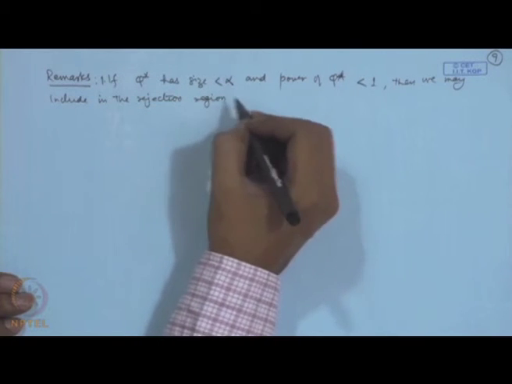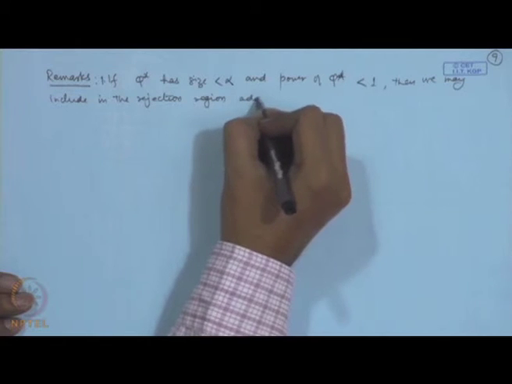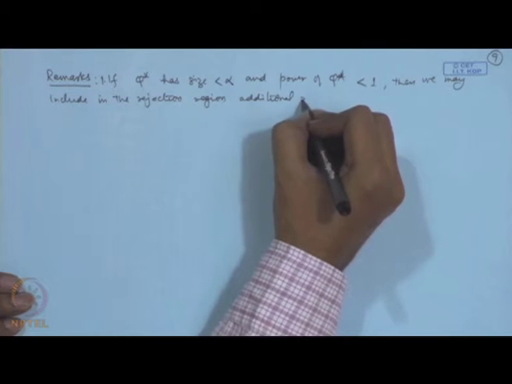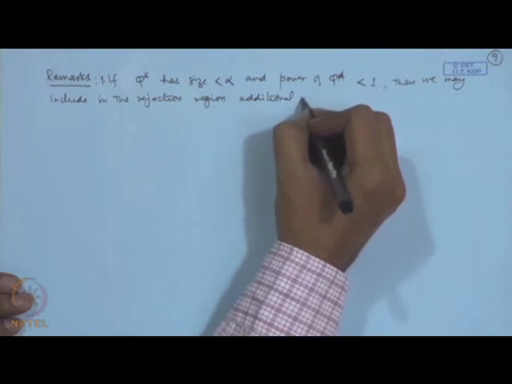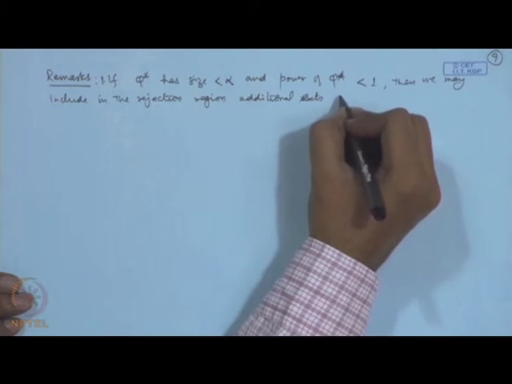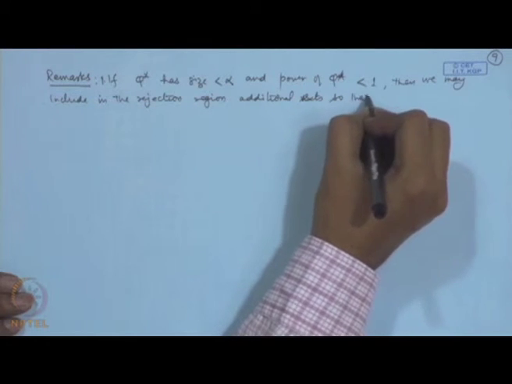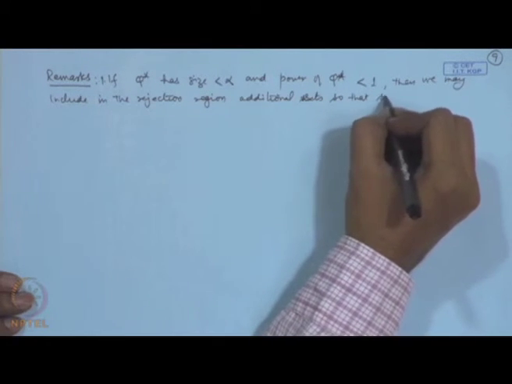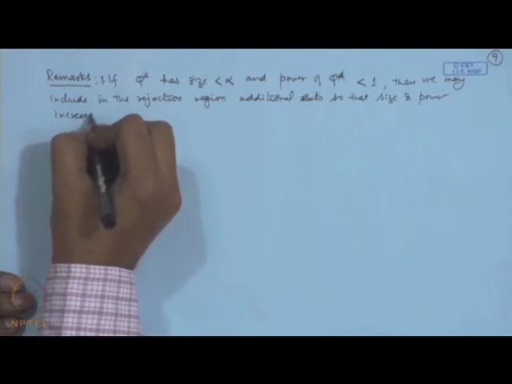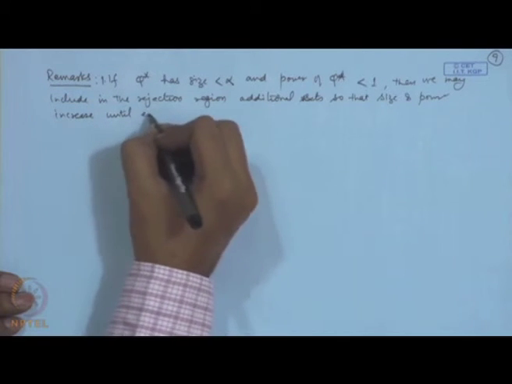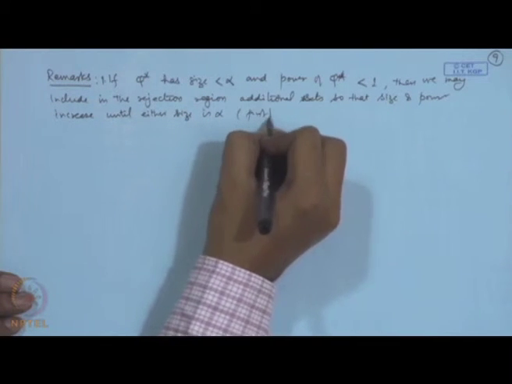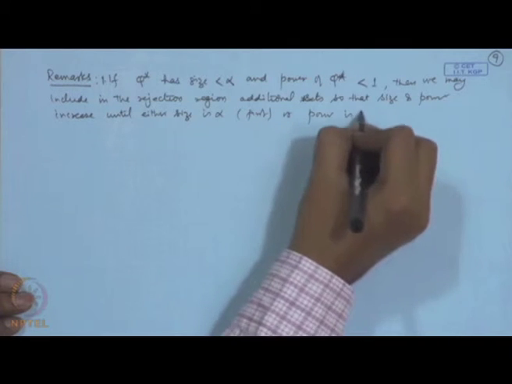So, we may include additional points, or you can say additional space or additional set, so that size and power increase until either size is alpha first or power is 1 first.